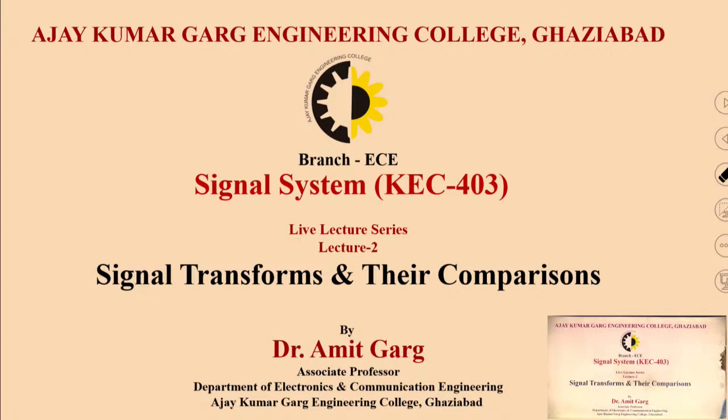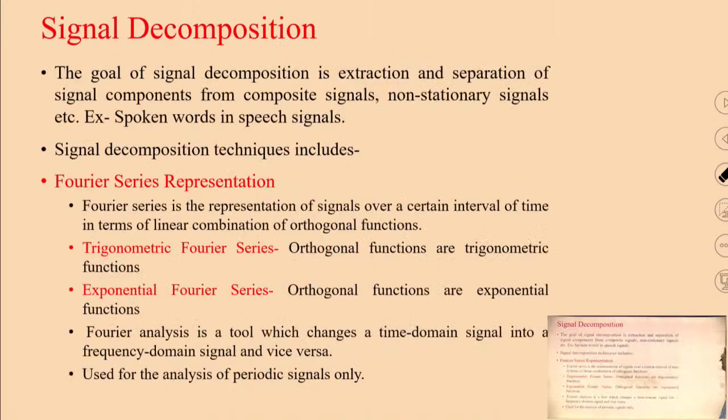First of all, I would like to start with signal decomposition. Before going through the transforms, we should know what we mean by signal decomposition. The goal of signal decomposition is to extract and separate the signal components, because when we have signals with more than one frequency component, like composite signals or non-stationary signals, we require the frequency content of the signal, meaning what frequencies are actually present.